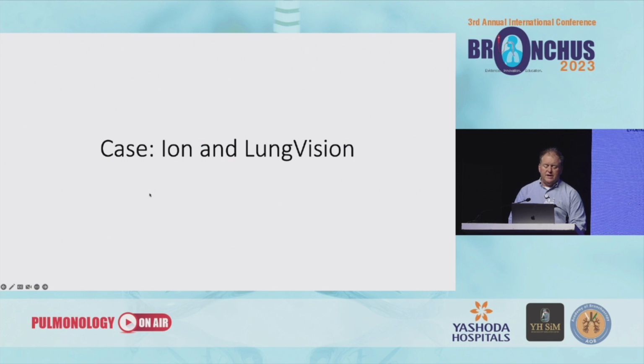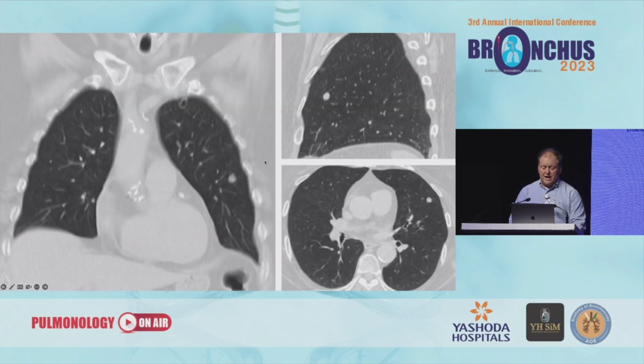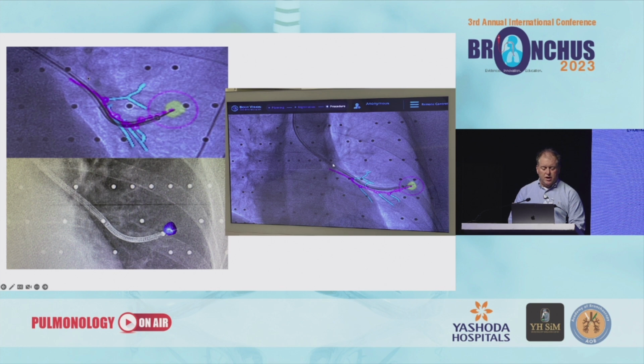Now, this is a nice case from Mike using Ion and Lung Vision. So again, this is the nodule he wants to get to, and you saw his case of navigating with that device. So here is the Ion scope, and this is the Lung Vision overlay. For point of comparison, this is what the cone beam overlay was. This was actually a study where he was using cone beam as the ultimate standard of whether the tomosynthesis is accurate.